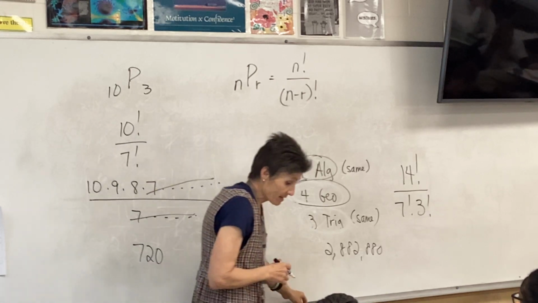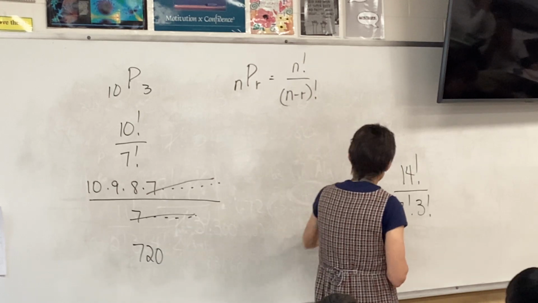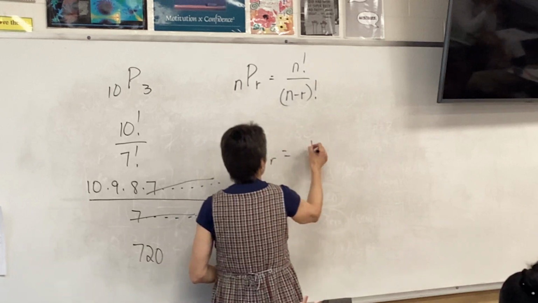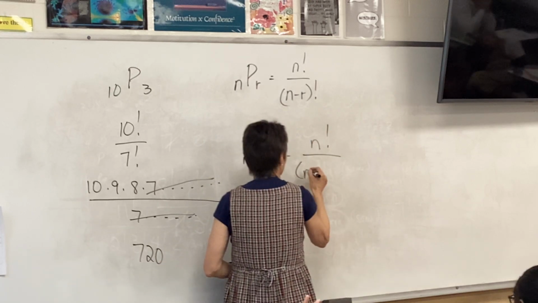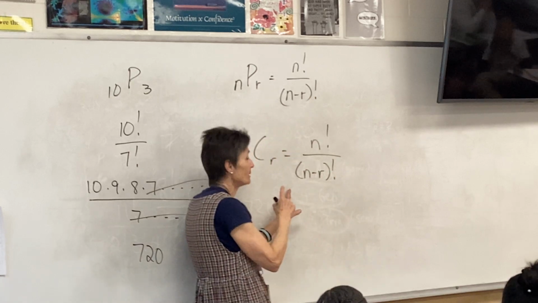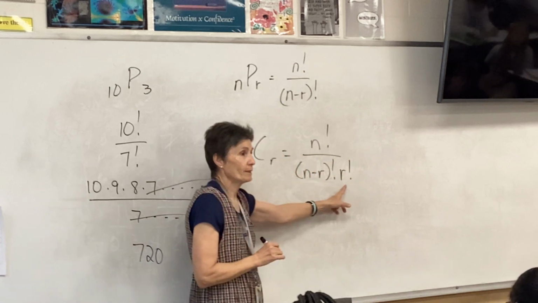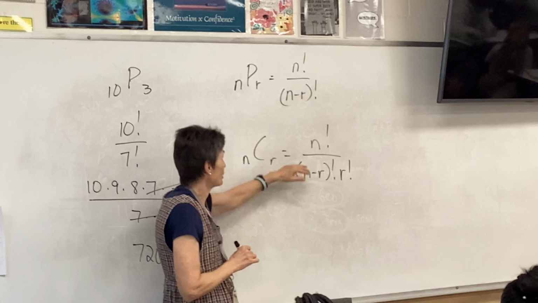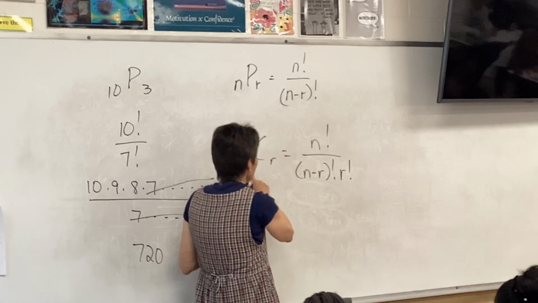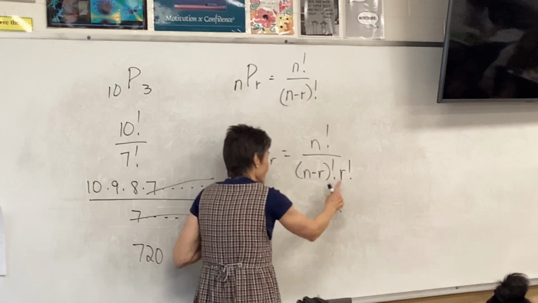Now, if it's a combination, the formula is very similar. It starts exactly the same, but there is an additional r factorial down there. So with a combination, you have this number on top, then you subtract, but then you also have that number on the bottom.